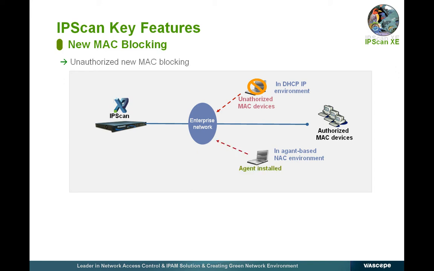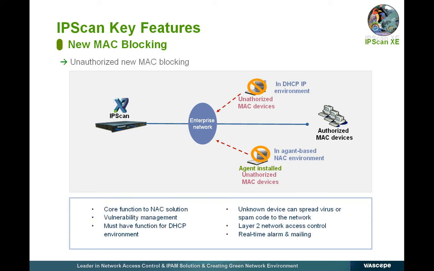For the ordinary agent-based NAC, installing the agent requires assignment of an IP or MAC address from the network server, as the isolated network can receive even harmful packets. Since this function of IPScan quarantines the MAC address itself, unauthorized MAC can't access the network from the very start, and thus the entire network can be safe from various threats from endpoints.